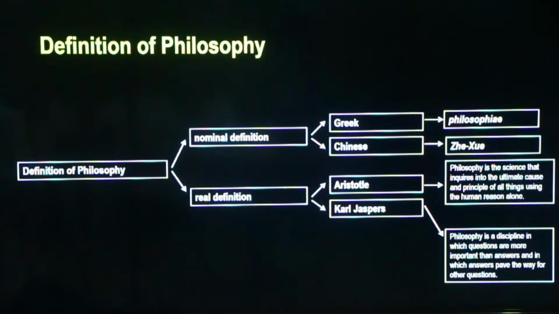Now, the next question would be, what is wisdom? Wisdom is not equivalent to knowledge. However, knowledge and wisdom are related to each other because wisdom is the good exercise or the good application of knowledge. Now, what do we mean? Knowledge, when practiced or applied in a good way, becomes wisdom.